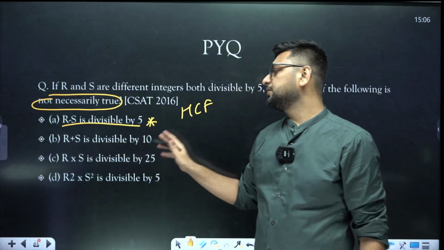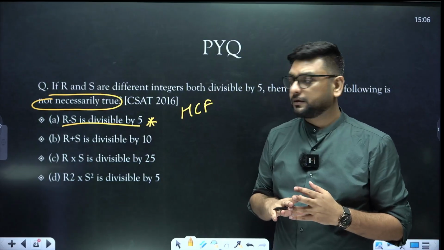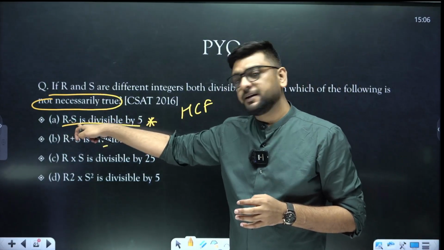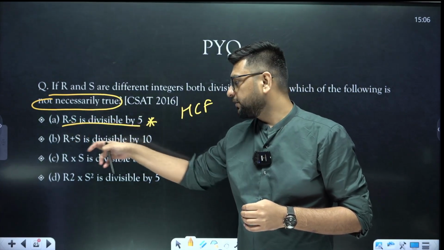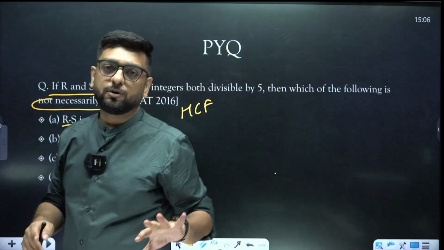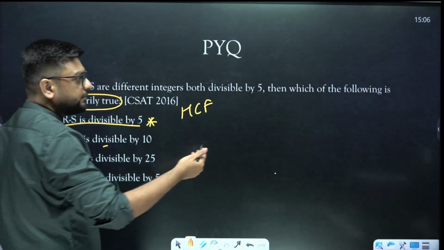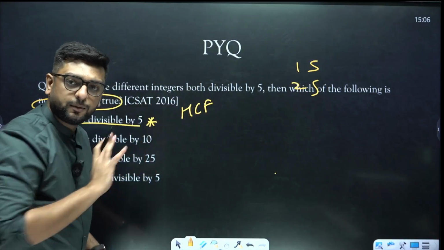R plus S is divisible by 10. I don't know. It can be possible, it cannot be. For this, we cannot say. Let's suppose I am taking 15 and 25, then it is possible that the sum is divisible by 10.